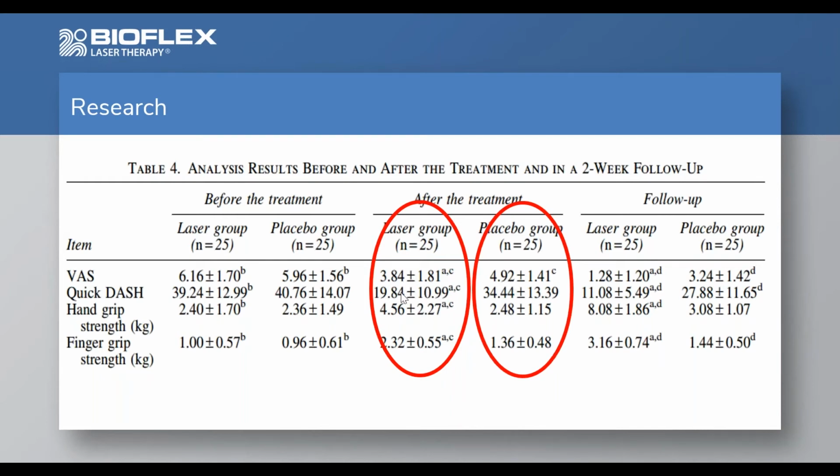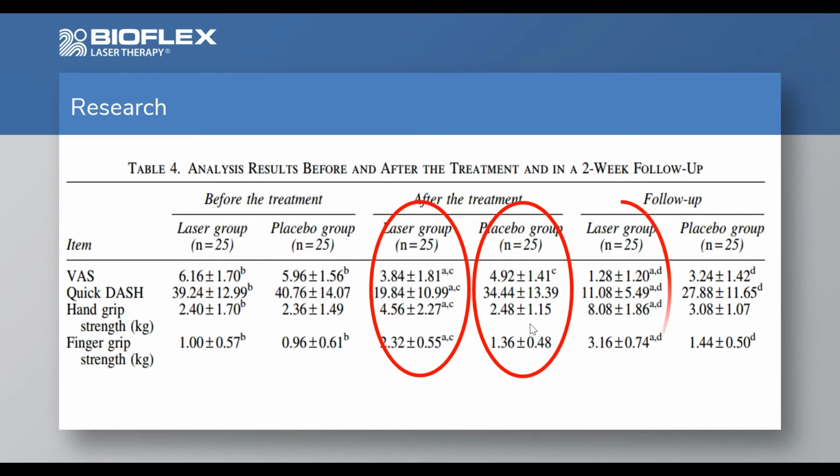The DASH was remarkably improved in the laser group to about 20, whereas the placebo group was still relatively high at 34. A hand grip, you can see a good improvement to 4.56, whereas the placebo group was still fairly low at 2.48. And finger grip, again, being significantly higher at 2.32 compared to 1.36 for the placebo.